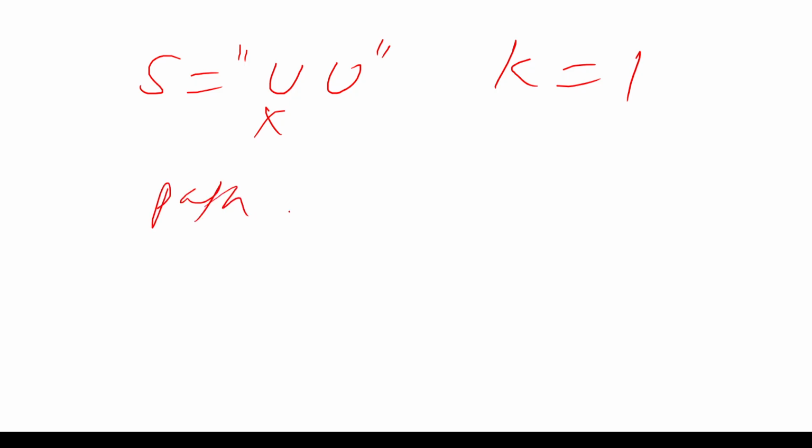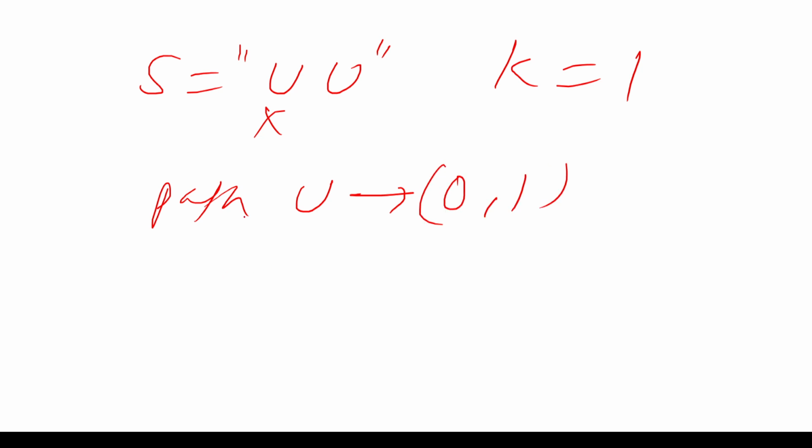Let's try to see another example. We have a string U, and k is 1. First we remove the first U, and the path becomes empty, so from 0 0 we go to 0 1.